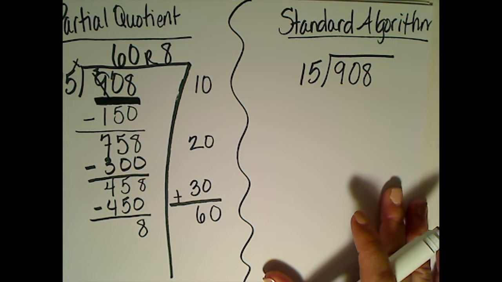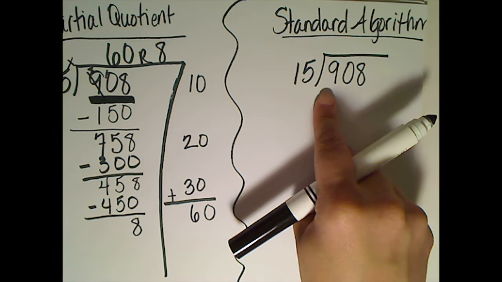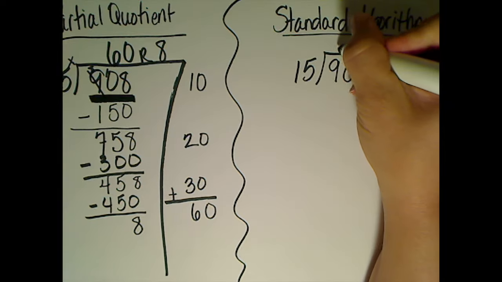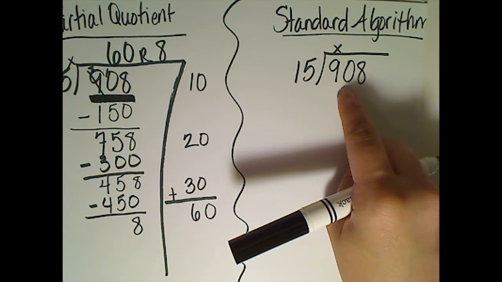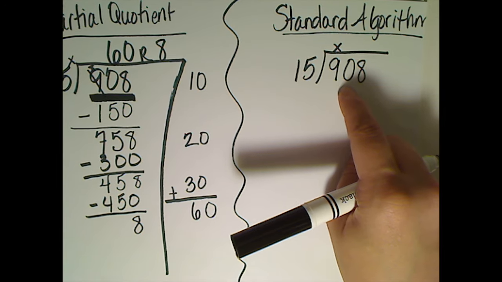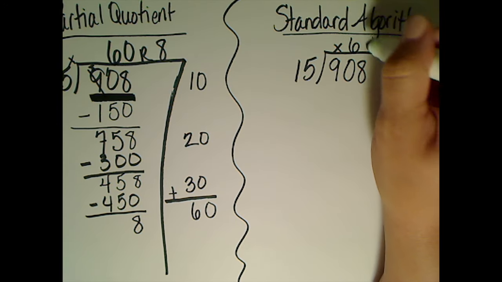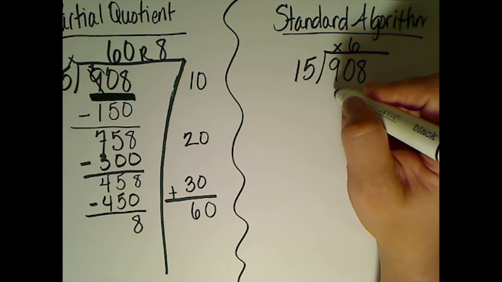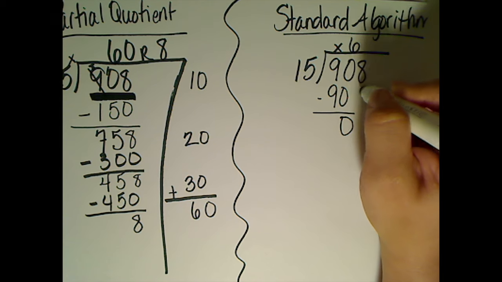Let's see if we get the same thing through standard algorithm. 15 can't go into 9. So we need to move to the next place value. Can it go into 90? And yes, it can. It goes in 6 times. 6 times 15 is 90. That's a 0. Bring down your 8.